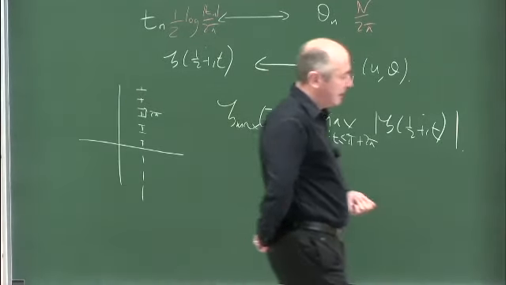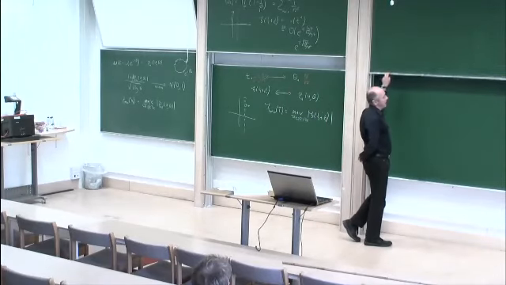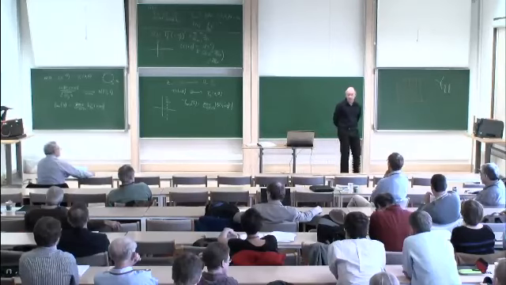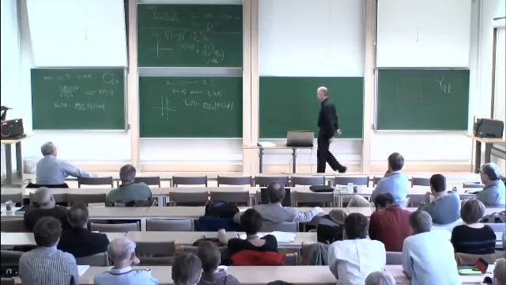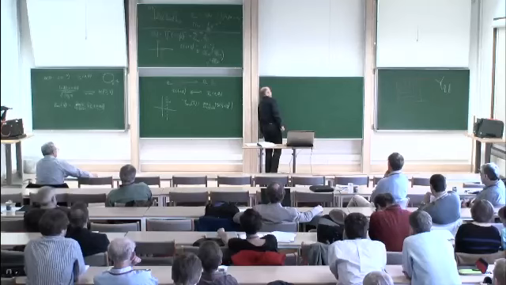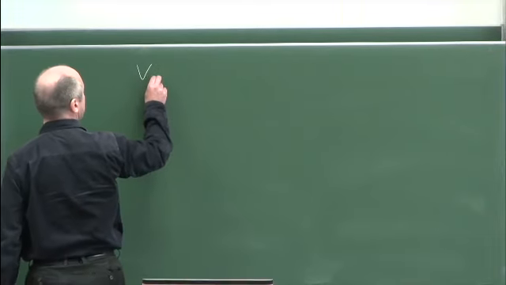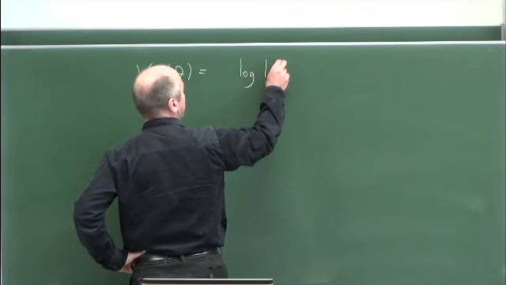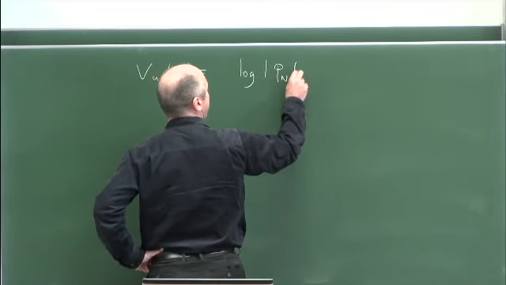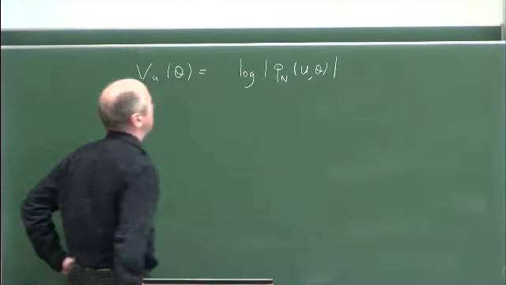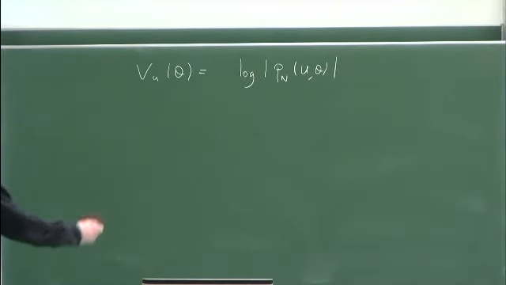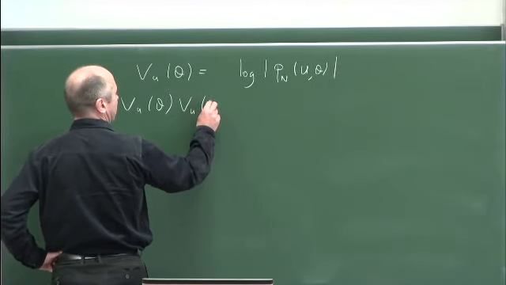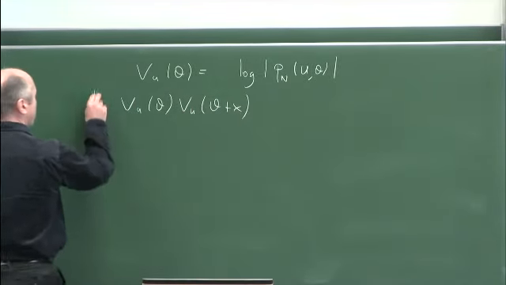The problem is, in both cases, for the characteristic polynomial and for the zeta function, one knows that this independence doesn't hold. And here's where we start to make a connection with the talk of yesterday. So if one defines VU of theta to be the log of the mod of the characteristic polynomial, then VU has a non-trivial autocorrelation.